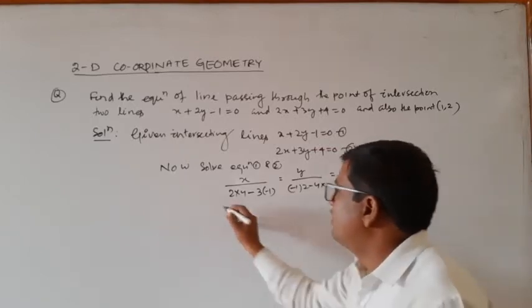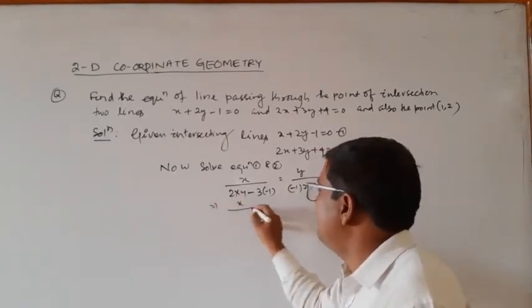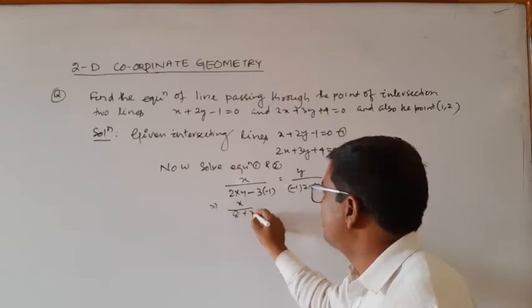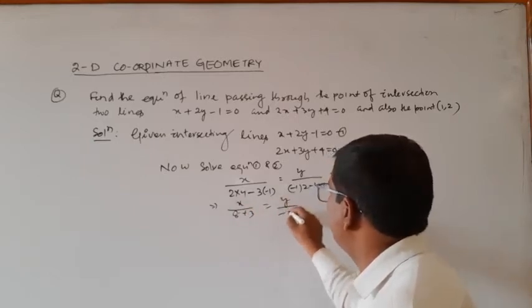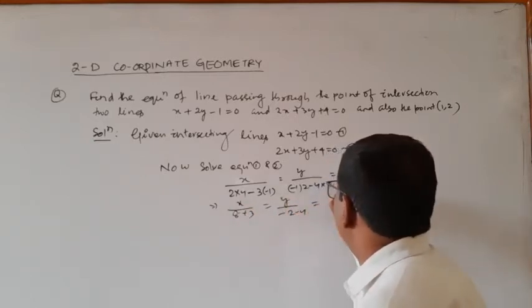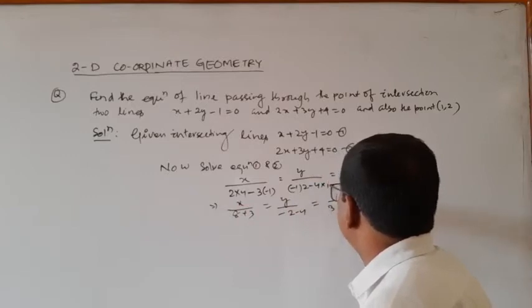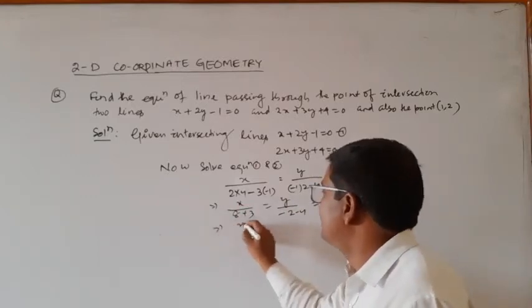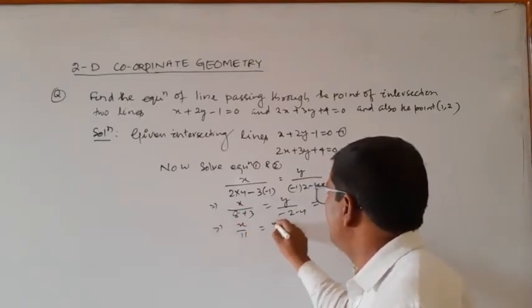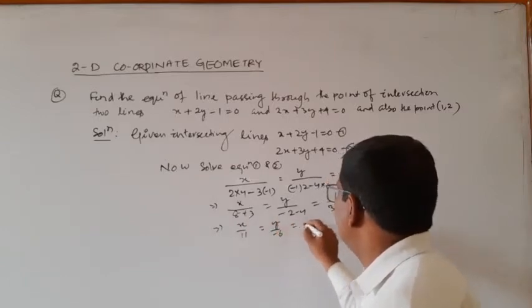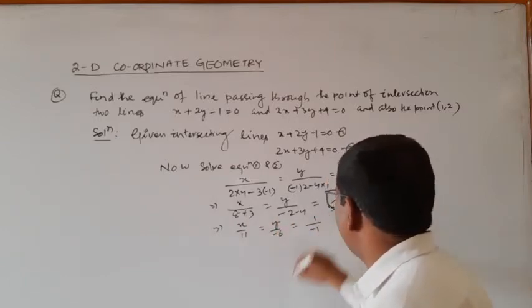So x by 8 plus 3, y by minus 2 minus 4, and 1 by 3 minus 4. That implies x by 11, y by minus 6, and 1 by minus 1.